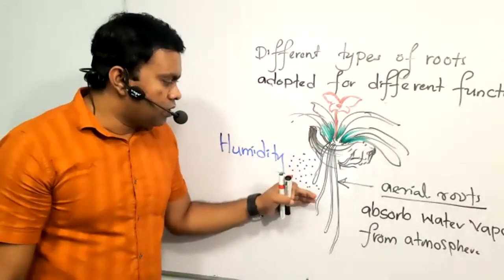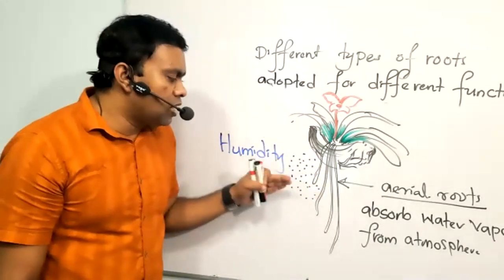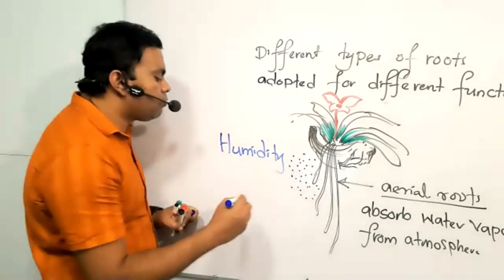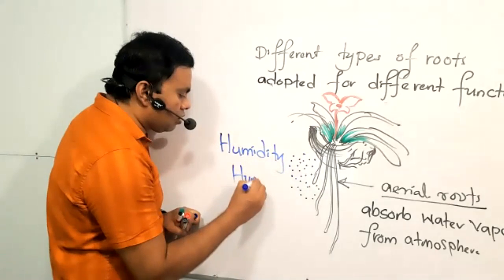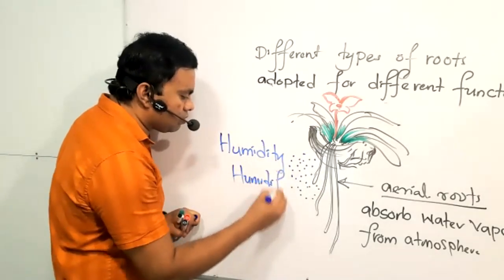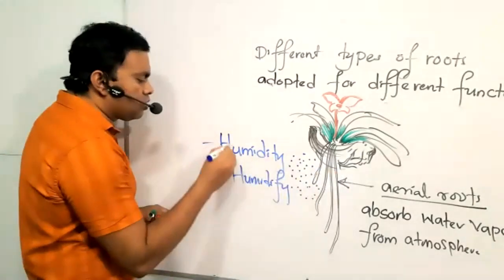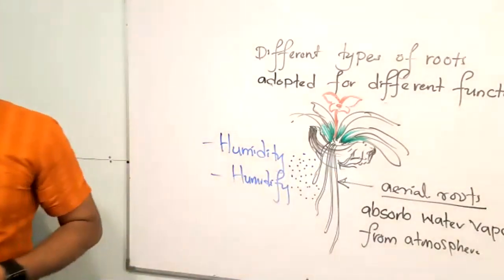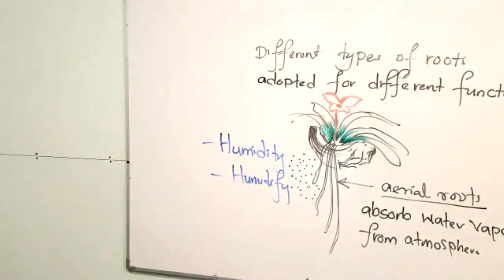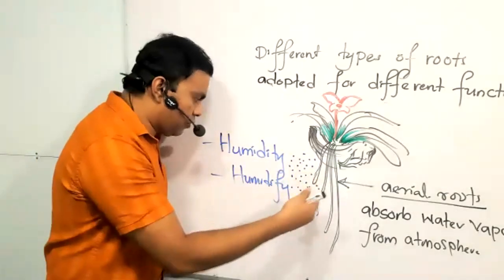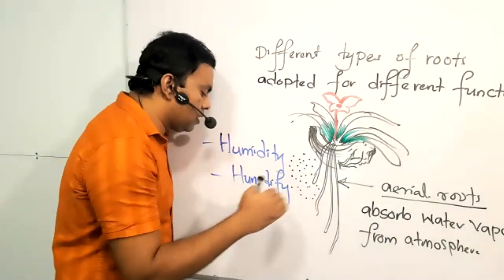Increasing the water vapor level in the atmosphere is known as humidify. So related terms you have to know: humidity, amount of water vapor in atmosphere, and increasing the level of water vapor in atmosphere is known as humidify.